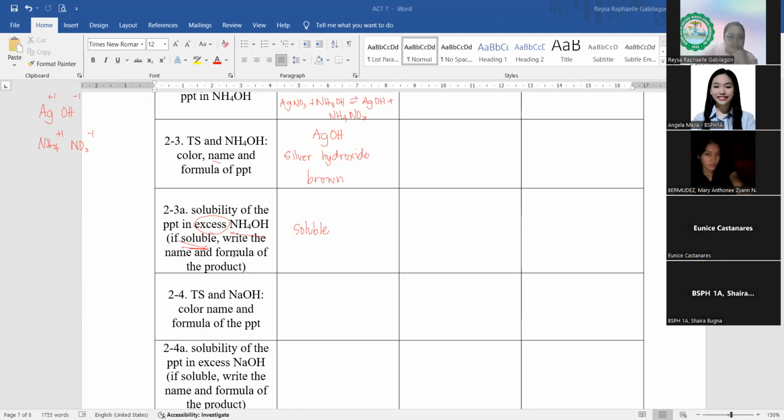Let's not just write na lang the formula of the product that is the same thing. Actually, ang product nito, pag dinagdagan mo pa ng NH4OH is just this one, which is still color brown, the silver oxide.